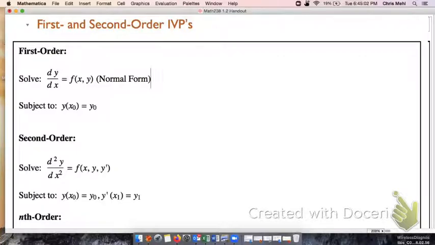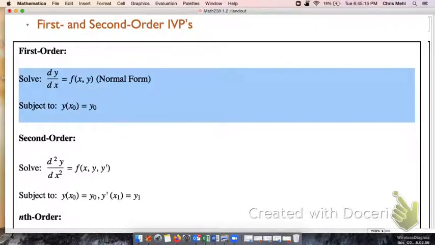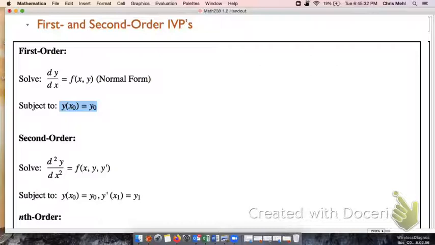For a first order differential equation, the general solution, or the family of solutions, would contain a single constant. You would solve that differential equation, find a function y in terms of a single constant c, but then you would solve it subject to an initial condition. This is where you would know a value of the function, and that allows you to solve for the arbitrary constant and get what's called a particular solution.